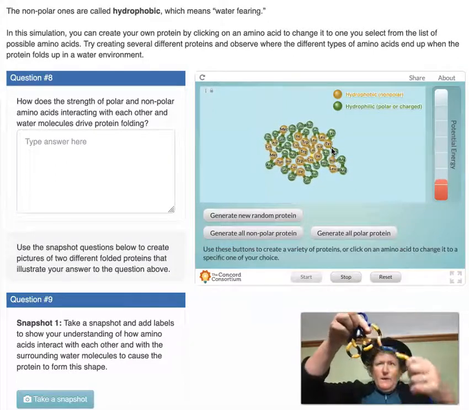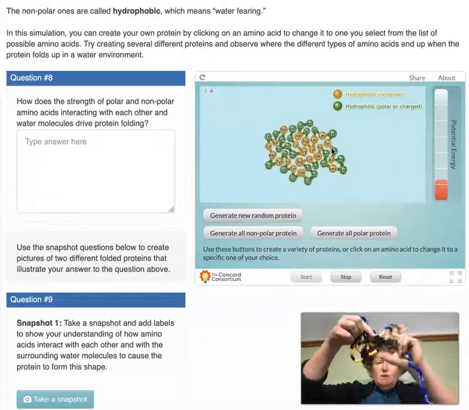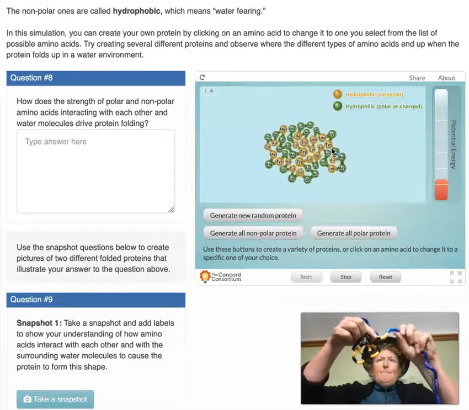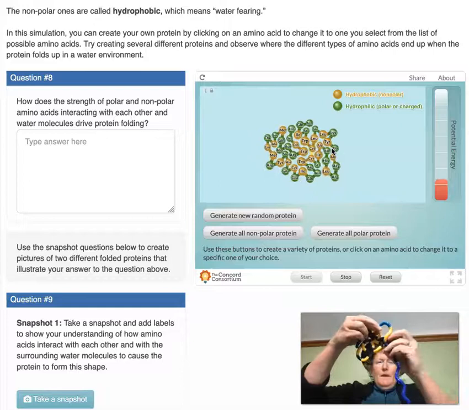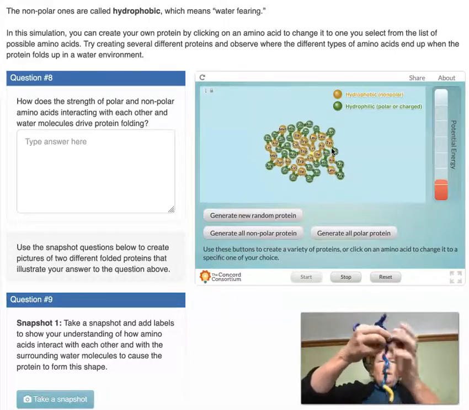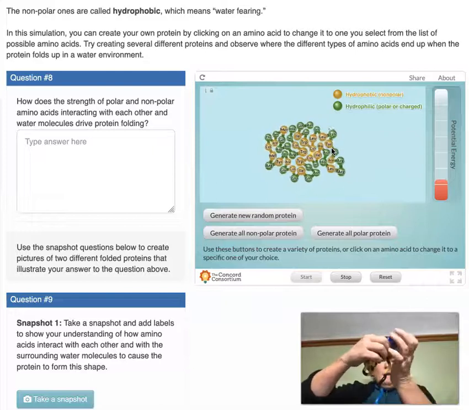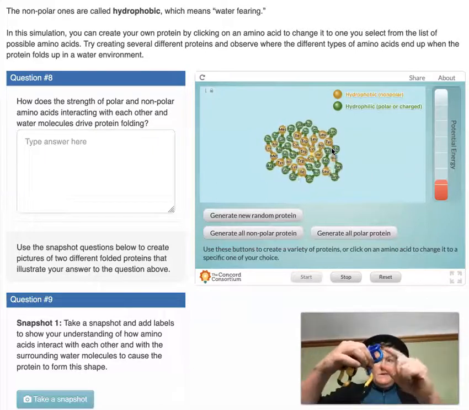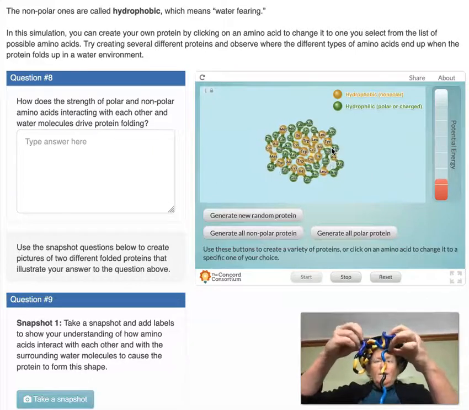And you can see what's happening to the inside, to the hydrophobic parts of the protein. I have to push them together so I can get the water-loving, hydrophilic parts of the protein on the outside of my model here.